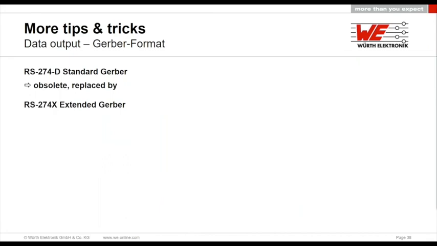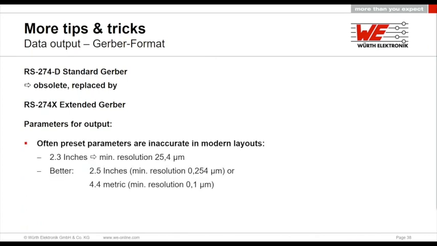Last point, this is just a small hint. When we look at data formats, still 90 to 95% of our customers are using the Gerber format. But what we often see is that the preset parameters in the CAD tools are 2.3 inches in the Gerber data.